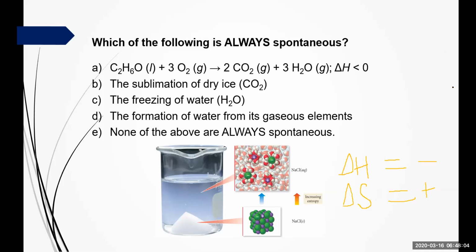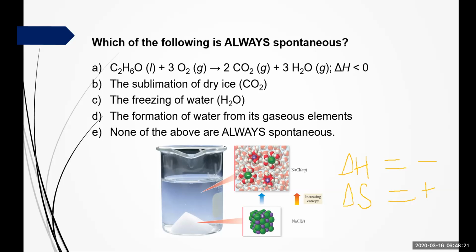So we're looking at that top one. We definitely have a delta H which is less than 0 because they told us that, right? And then we know that we have a delta S that is going to be positive. It's increasing. We're going from a liquid to a gas. It's looking like it's going to be A already, right? But we can look at our other ones.